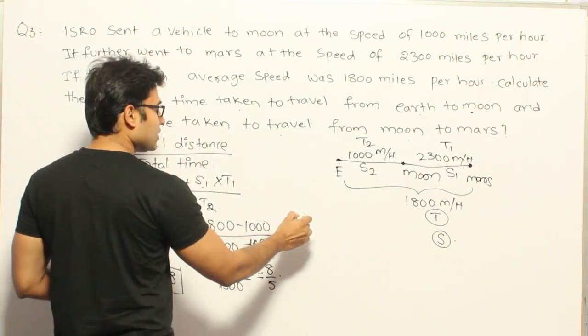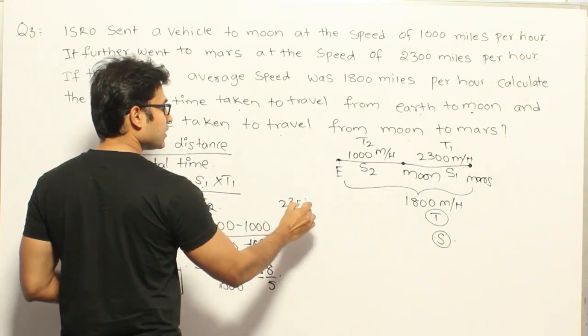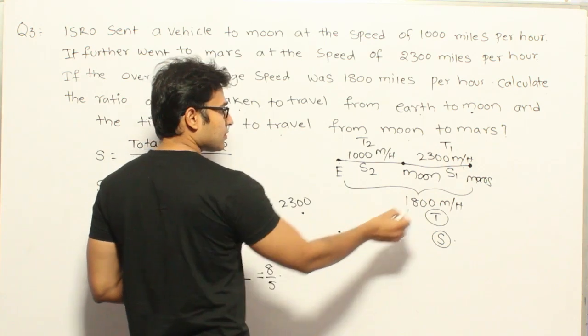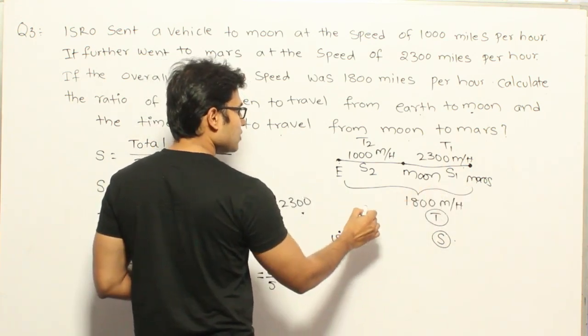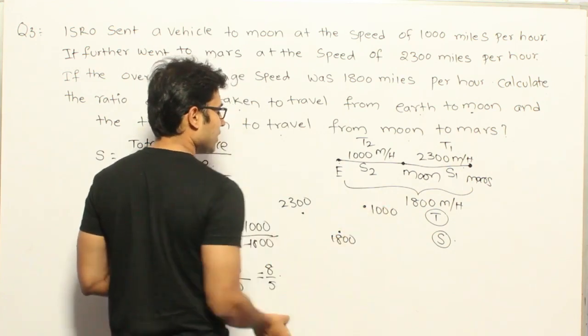Now if you can correlate this with the averages, then also you could have written it this way. So what is the highest speed? The highest speed is 2300, which is S1, and what is the average speed? The overall average speed is given as 1800, and what is the lower speed? The lower speed is 1000, right?